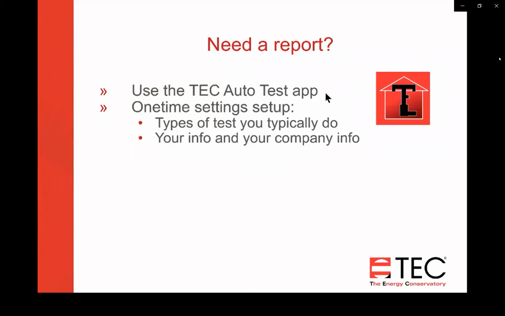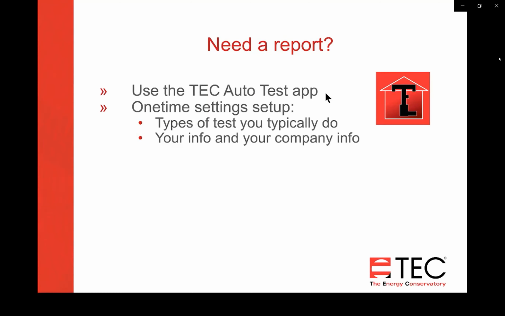He doesn't want to have to read through a bunch of data to find out what the results are. They're bold, right front and center, and it tells you what the results were, what the target is, and if it passed or failed. So you'll have all the information you need. It'll be easy for the building official to find it.